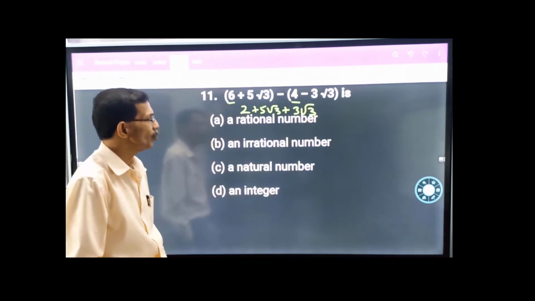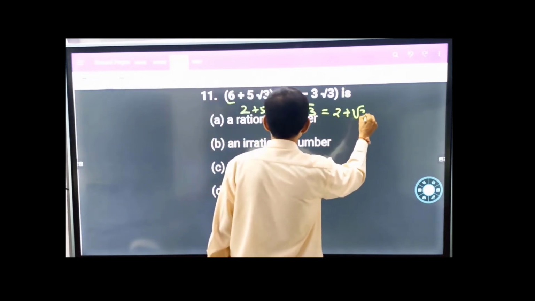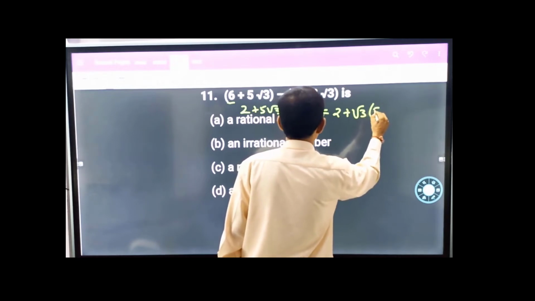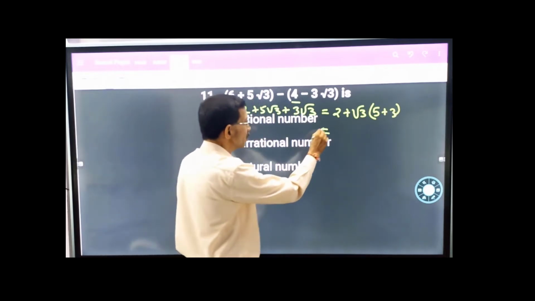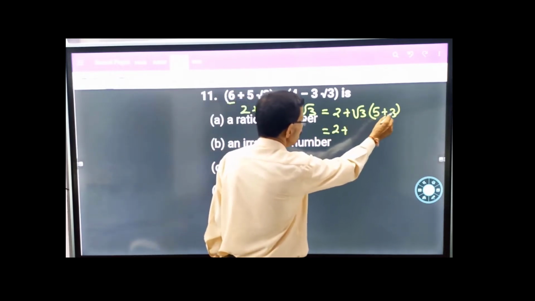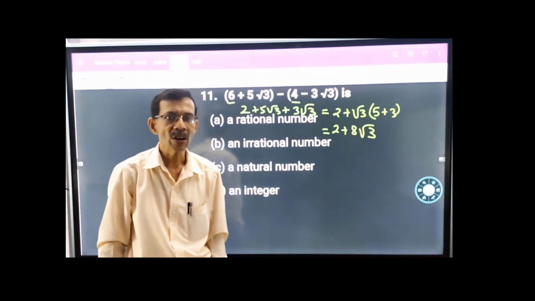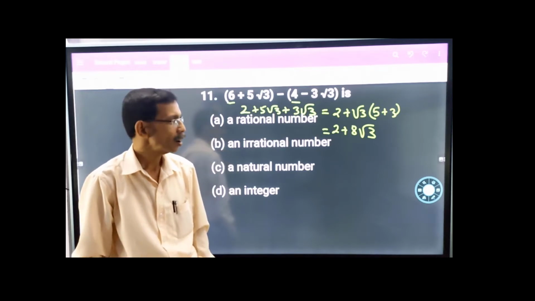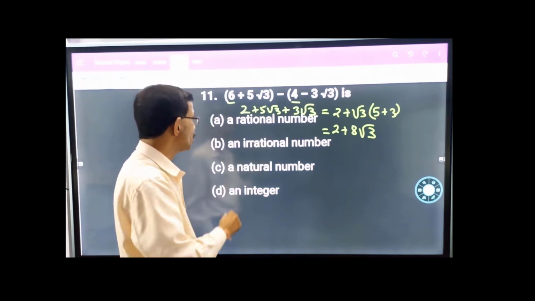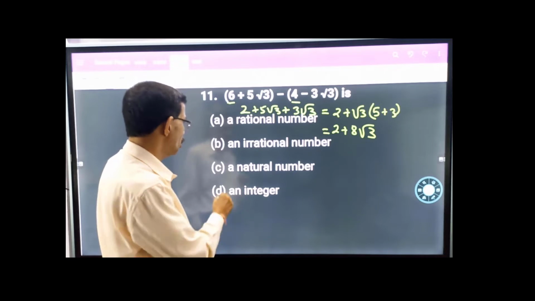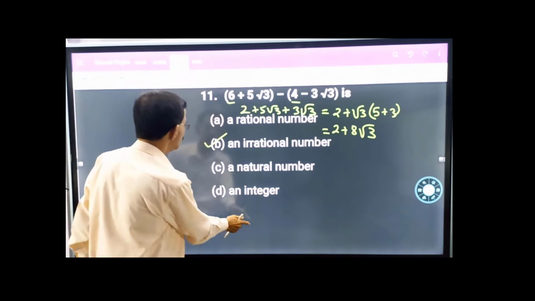And further I can simplify this as 2 plus, I can take root 3 common, and this will be 5 plus 3. So further this can be written as 2 plus this 5 plus 3 is 8 root 3. In the final expression we have still got root 3. So therefore this becomes an irrational number. So option B is the correct option. Let us move to the next question.